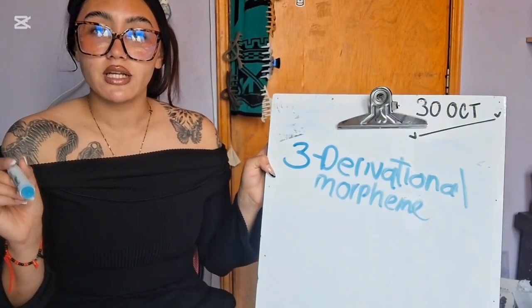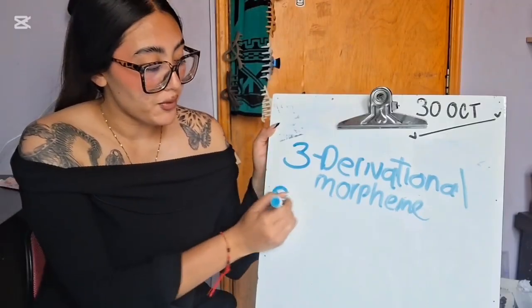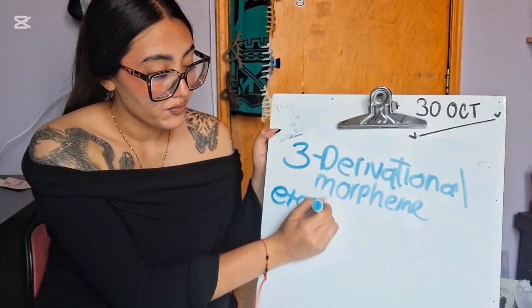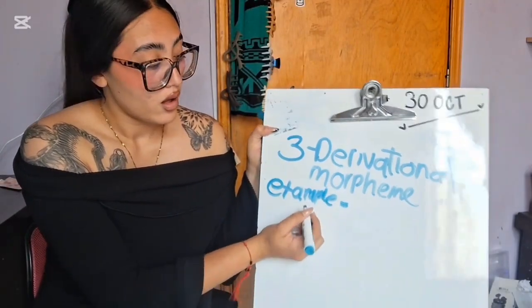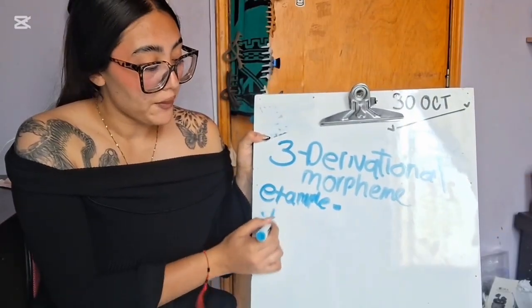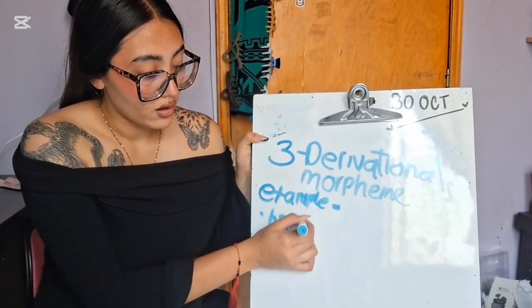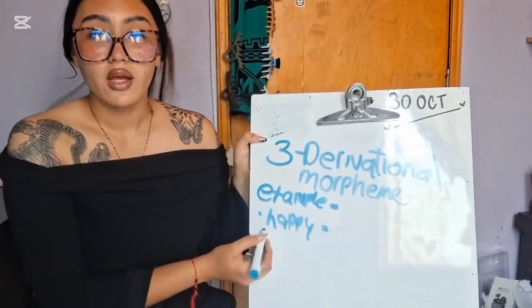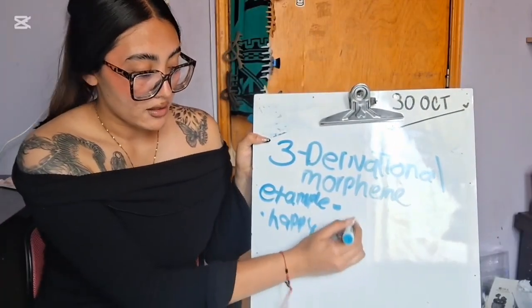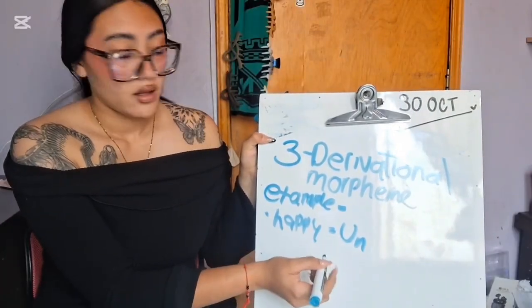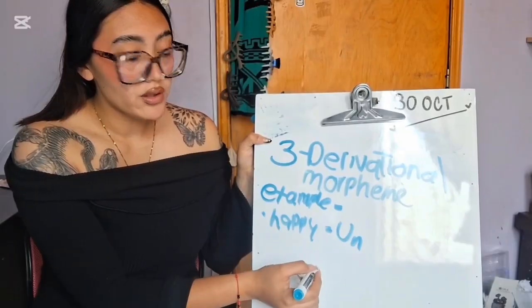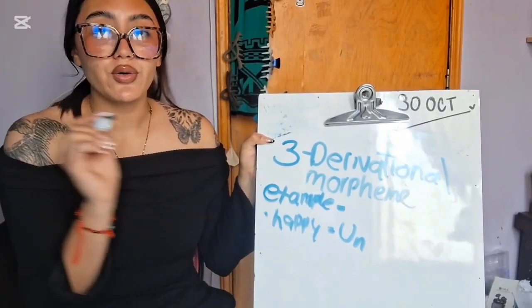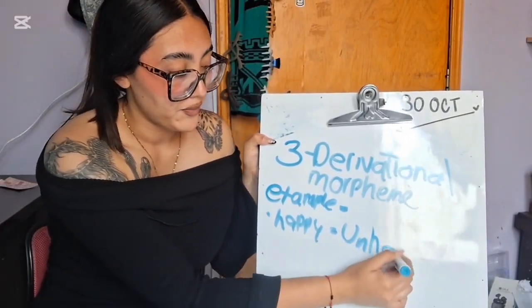They change the word category or meaning. For example, the first word is happy. You can add un, so this word will become unhappy.